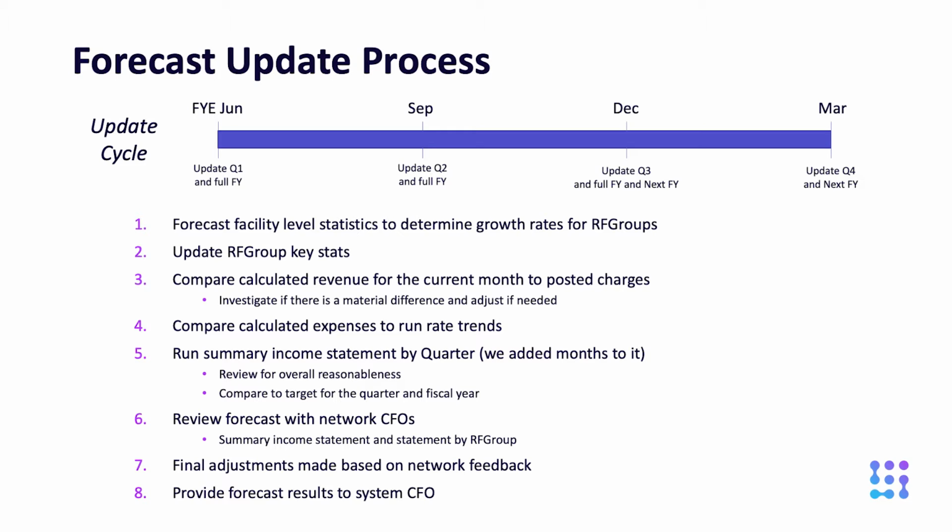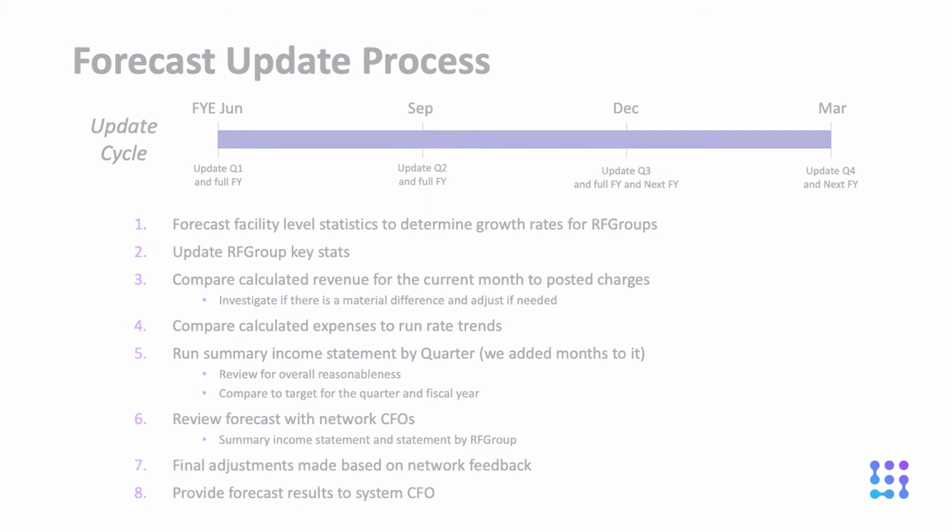We're going to be doing that for the remainder of the year. When we do the January update using December data, we'll also be forecasting out the next fiscal year, so that it can inform us on the targets that we can set for that next fiscal year coming. And we'll refresh it again in March, just to ensure that we're still on track.